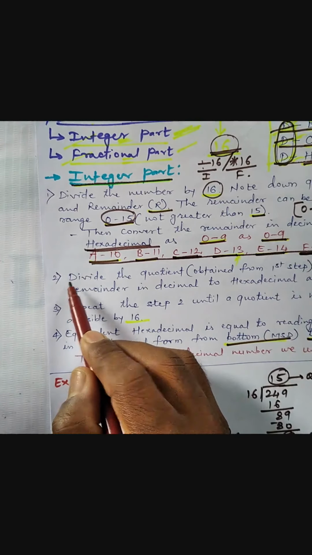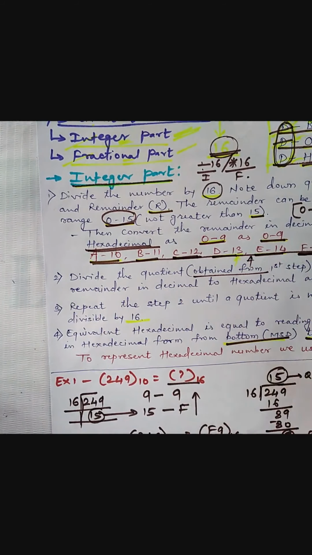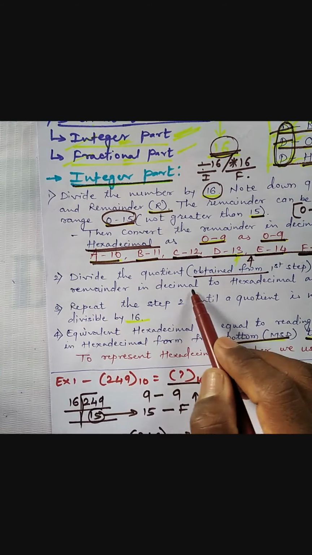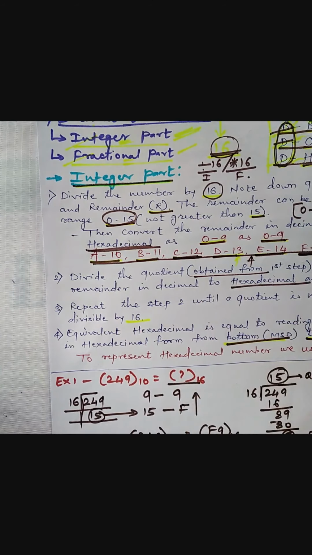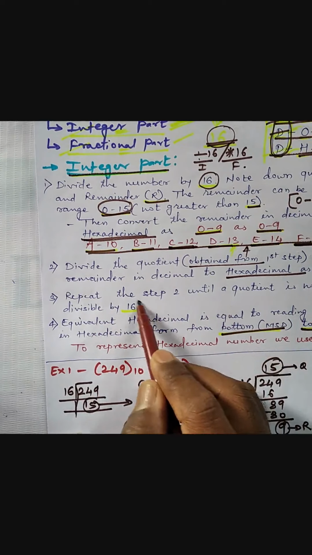Then the second step is to divide the quotient obtained from the first step by 16 again. Convert the remainder from decimal to hexadecimal as above. Then repeat step 2 until the quotient is no longer divisible by 16.